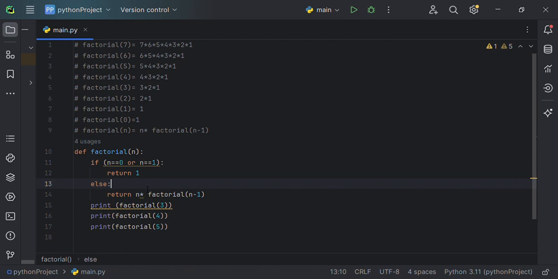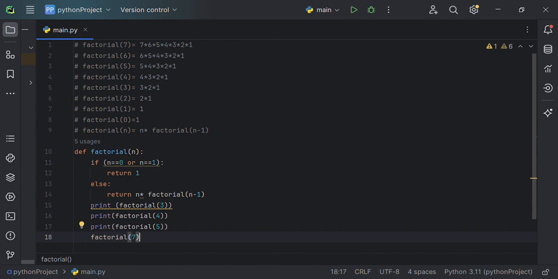But if n is not 0 or 1, we perform this action: n multiplied by factorial of n minus 1. For example, here n is 7, factorial of 7.